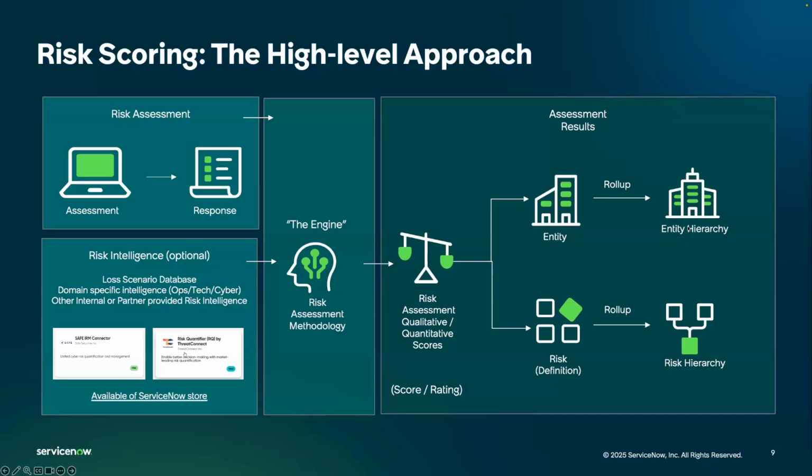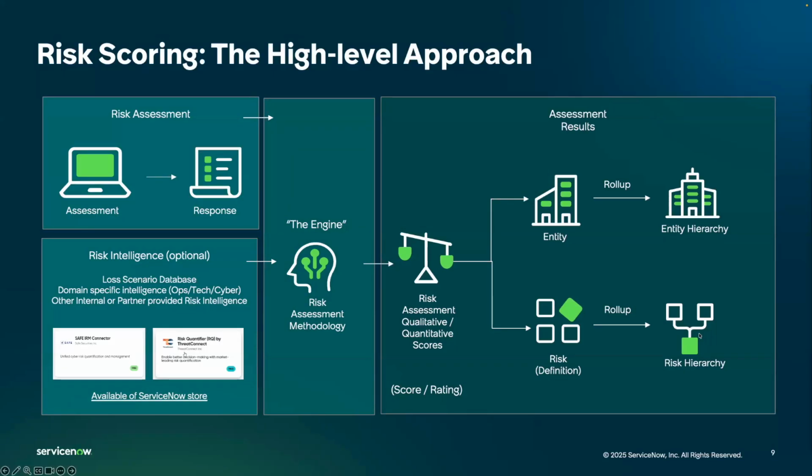Last but not least, the roll-ups. Here's where it gets powerful. Scores don't just sit at the individual level, they roll up across two dimensions. First, entity hierarchy: application to department to business unit to enterprise. This gives you aggregated risk posture by organizational structure.